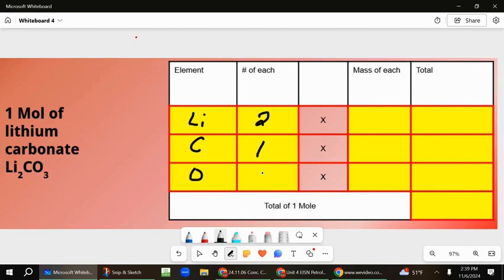How many oxygens, Jonathan? 3. Faustino, what is the mass of every lithium atom? 6.94. What is the mass of every carbon atom in here, Jordan? 12.011. And what is the mass of every oxygen atom in here, Yomali?